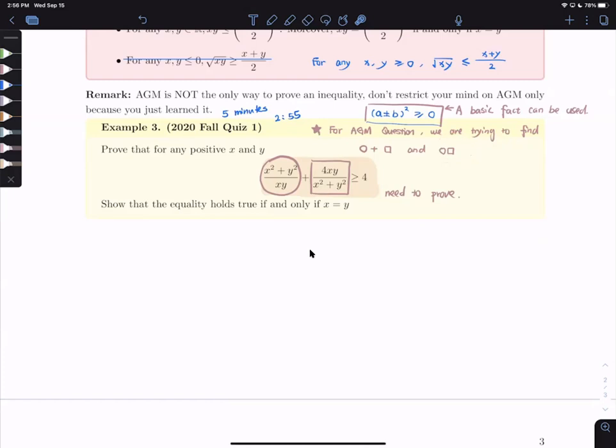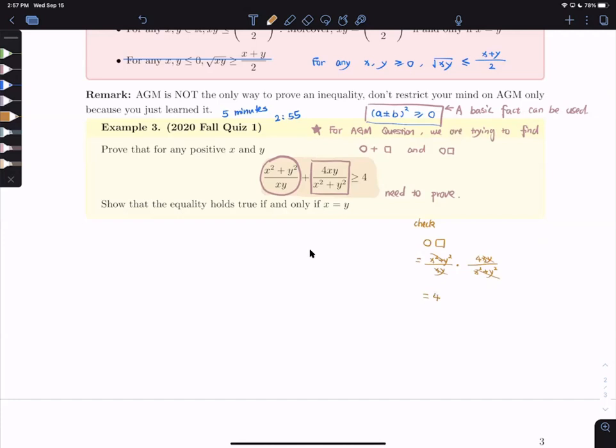So I'm gonna check circle times this. So this equals x squared plus y squared over xy times 4xy over x squared plus y squared. This cancels out, this cancels out, this will give me 4.